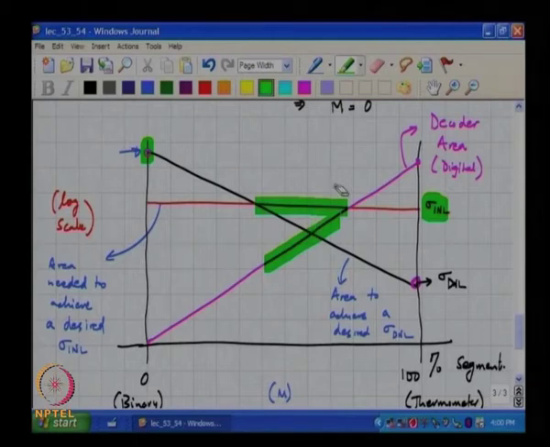Even though the area here is slightly greater than the area here, that difference will be very, very small, but the difference in performance, performance here versus performance here, can you comment?